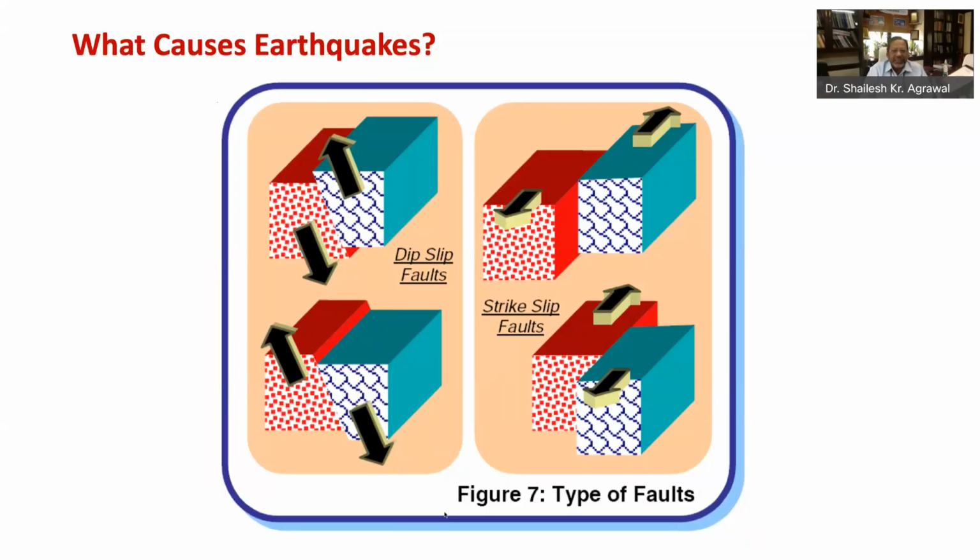And when this slip occurs in lateral direction, then it is called strike slip faults. And one of them, either horizontal or vertical direction or a lateral direction, dominates during earthquakes. So this was all about what causes earthquakes and types of earthquakes.